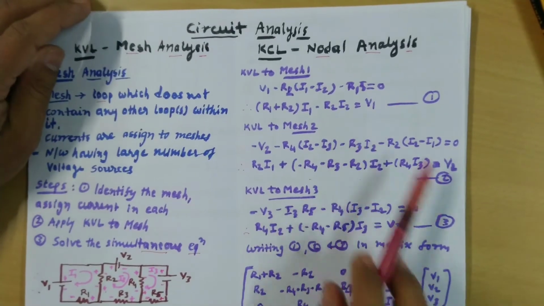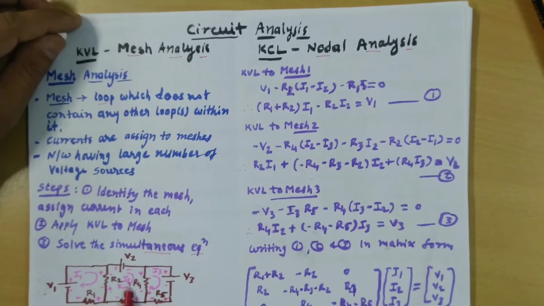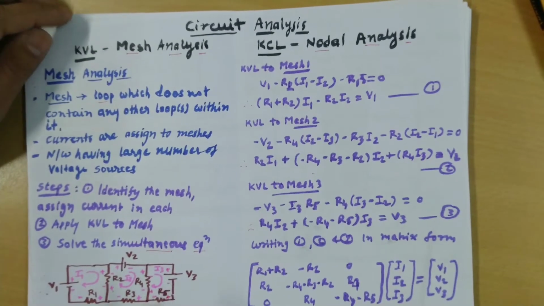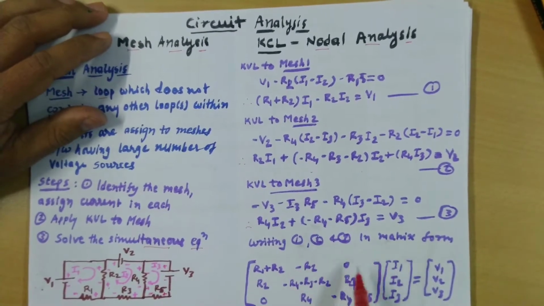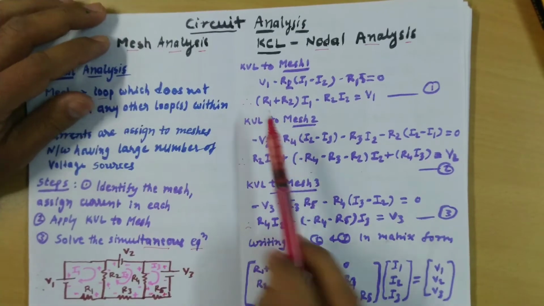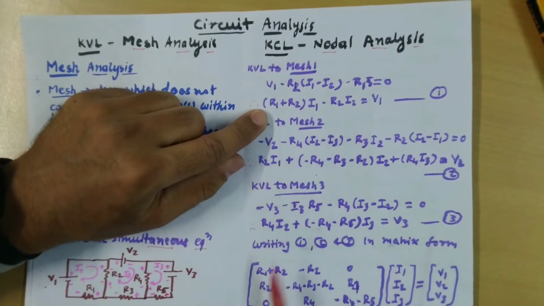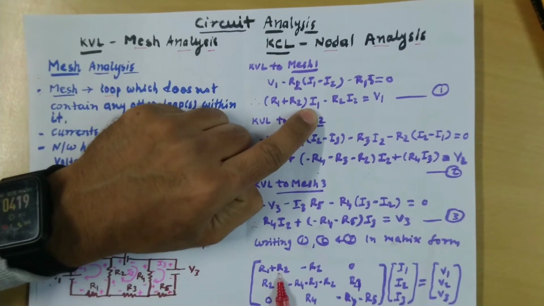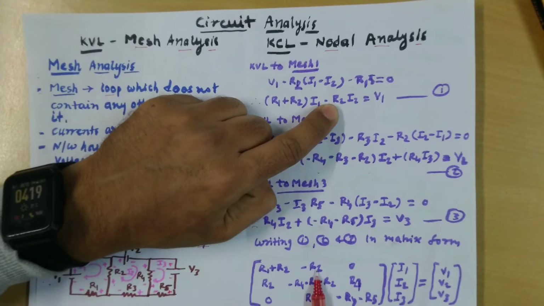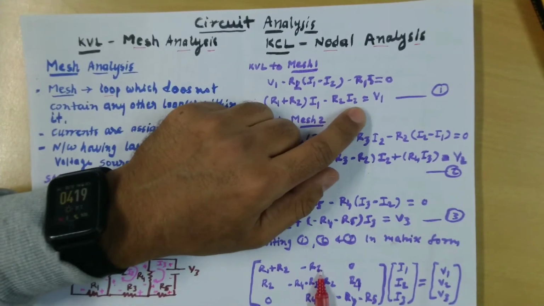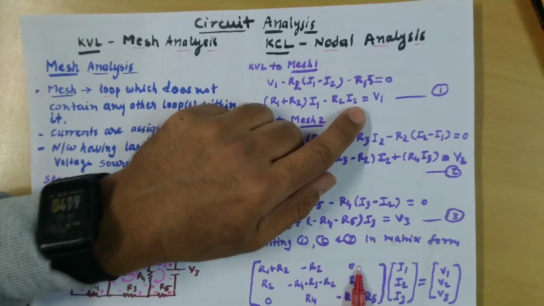So we got 3 equations for 3 unknowns, that is currents. So we will write this equation in the matrix form. So we have R1 plus R2, which is in the multiplication of I1, then minus R2, it is in the multiplication of I2, and there is nothing for the I3, that's why 0.